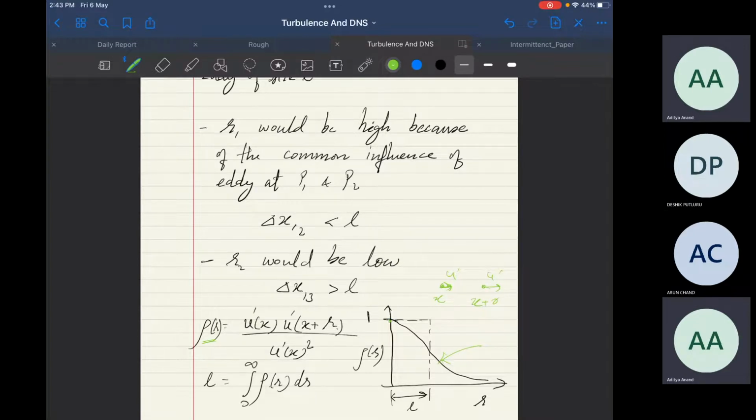Now if you integrate the correlation coefficient curve, the value that you get is L. So L is basically the width of a triangle of unit height whose area is equal to the area under this autocorrelation curve. This L is called the integral length scale, and it gives you a measure of the size of that eddy.